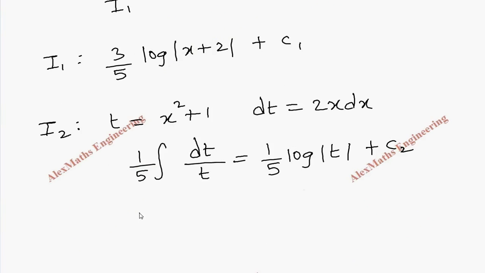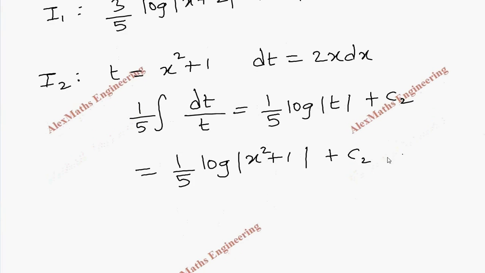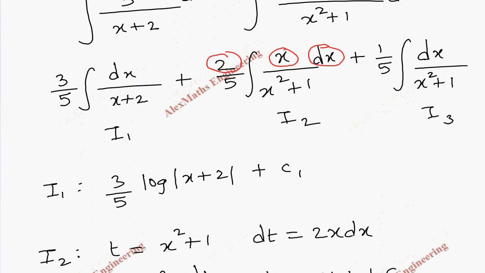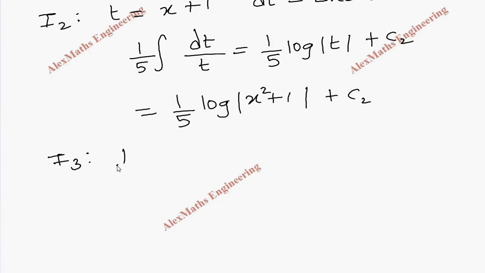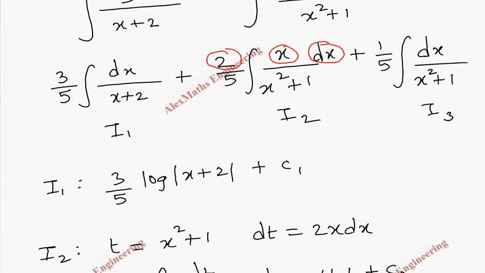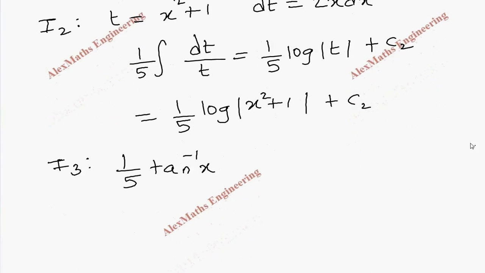When I replace t, this will become 1 by 5 log mod x square plus 1 plus c2. Coming to I3, it's a direct formula, 1 by x square plus 1, which is tan inverse x. So we have 1 by 5 tan inverse x, because tan inverse x differentiation is 1 by 1 plus x square. So reverse of that is integration, and we have integration constant C3.